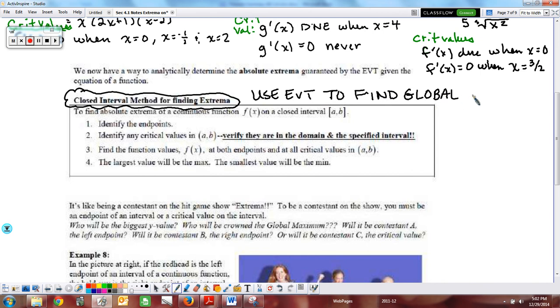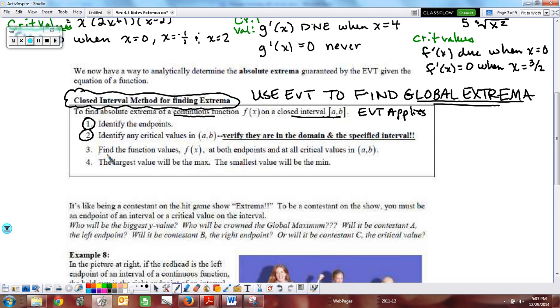I know we've been talking about local for these critical values, but the only reason we've been talking about local is because your global extrema are either going to occur at endpoints, which is why we're going to first identify our endpoints. We're going to make sure our function is continuous and that we have a closed interval, so EVT applies. You do that first. Then you identify your endpoints.